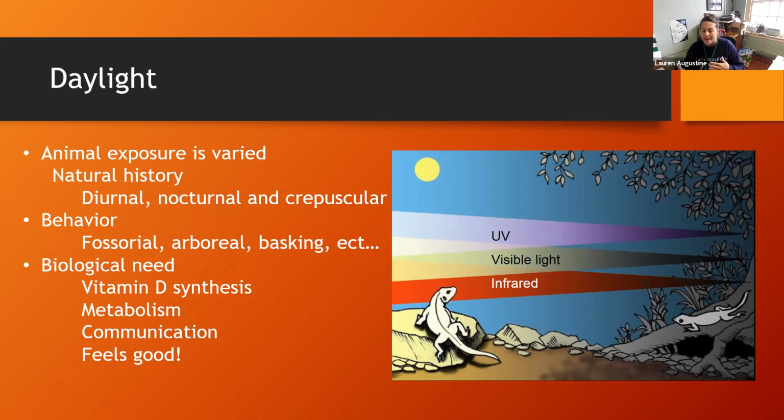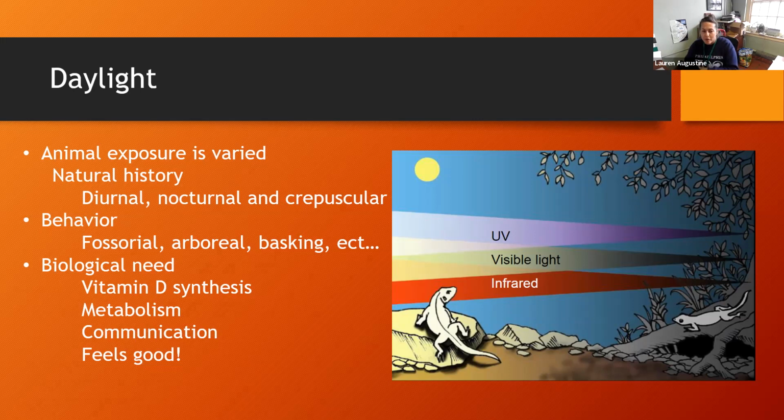And so this isn't in a vacuum. Full spectrum lighting intersects with all other aspects of care, such as humidity, hydration, and diet. These things are all interrelated in the wild, and so we need to consider them as such in the zoological field.